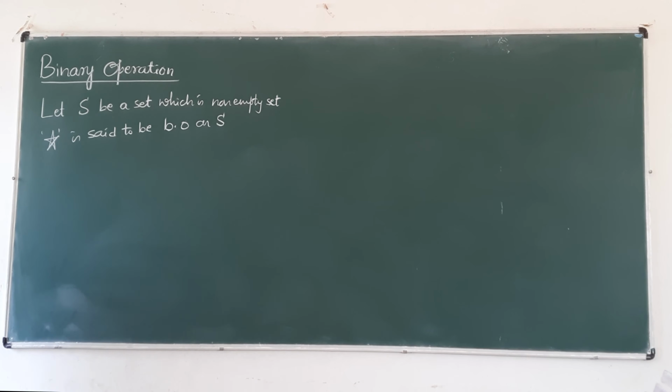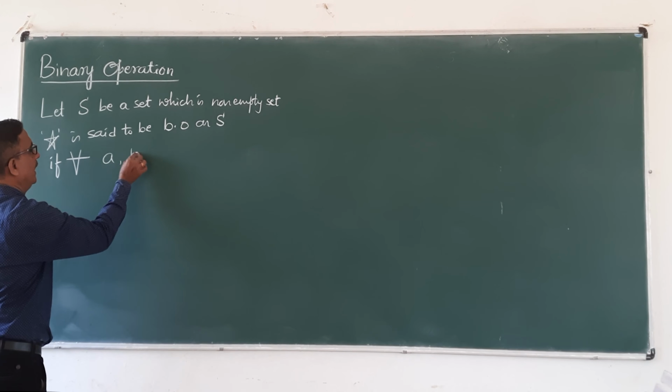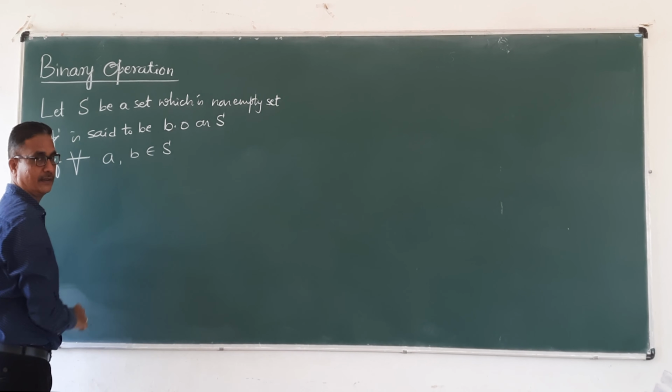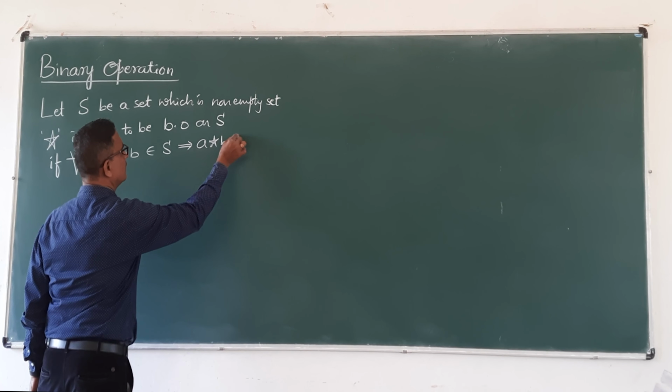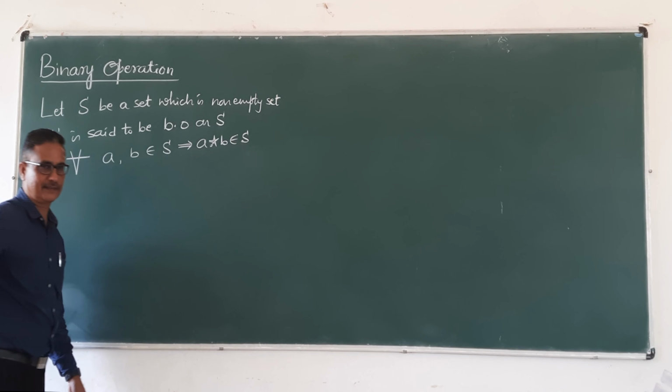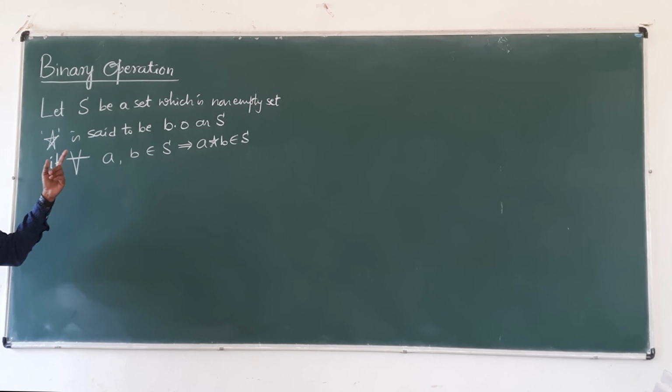Now it is a binary operation if the condition holds: for all, Greek notation, for all the elements say A and B belong to S, this implies A star B also belongs to S. That is the definition of binary operation.